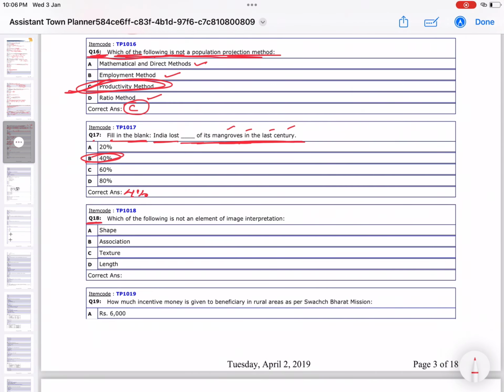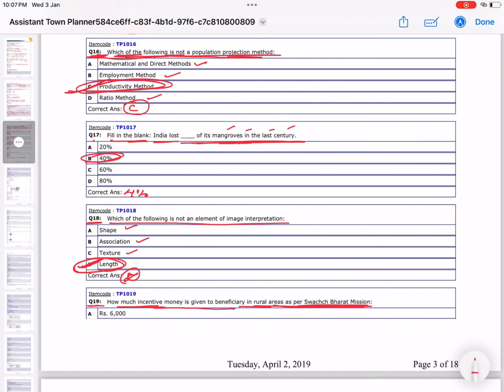Question number 18. Which of the following is not an element of image interpretation? Shape is, association is, texture is, but length is not an element of image interpretation. Question number 19. How much incentive money is given to the beneficiary in rural areas as per the Swachh Bharat Mission?